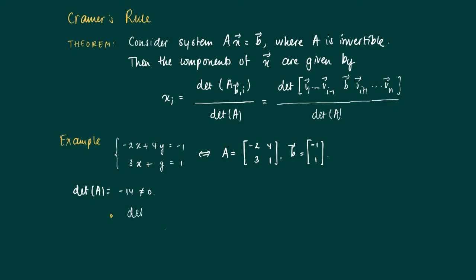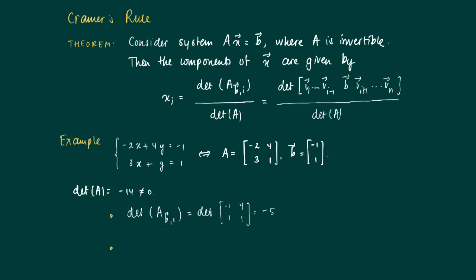Then calculate the determinant of A where the first column of A is interchanged with b. So it's the determinant of the matrix with b in the first column, (-1, 4; 1, 1). So the determinant is -5.